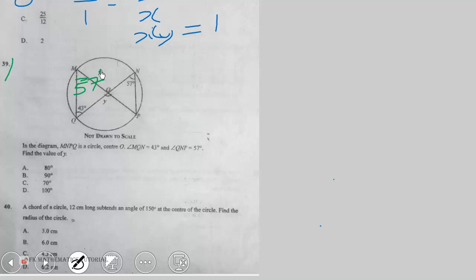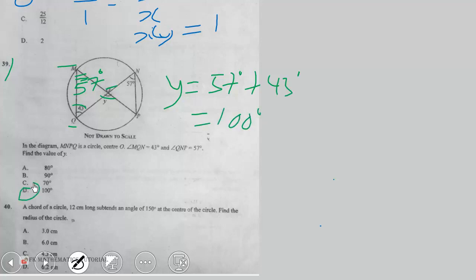Now, when you take this triangle QMO, you can see that y is an exterior angle, opposite to these two interior angles. So by the exterior angle theorem, y is equal to 57 degrees plus 43 degrees, which is 100 degrees. So the correct answer is D.